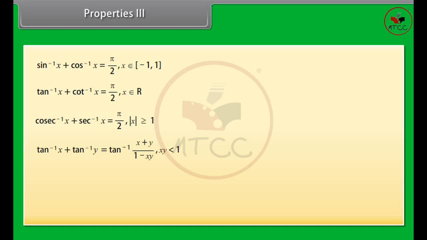Tan inverse x plus tan inverse y is equal to tan inverse of x plus y by 1 minus xy, where xy is less than 1.